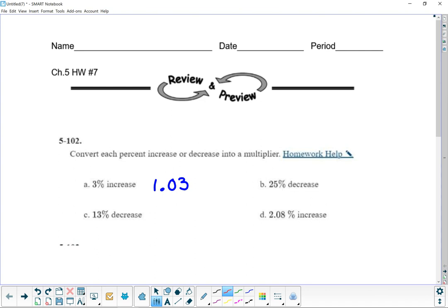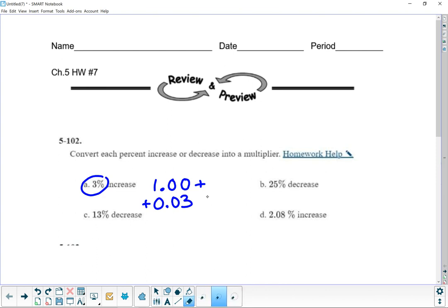So part B, a 25% decrease. A 25% decrease is going to be a subtraction off of what we were adding. For example, for letter A, a 3% increase, it's 100%, which is all of what we used to have, plus 3 more percent.